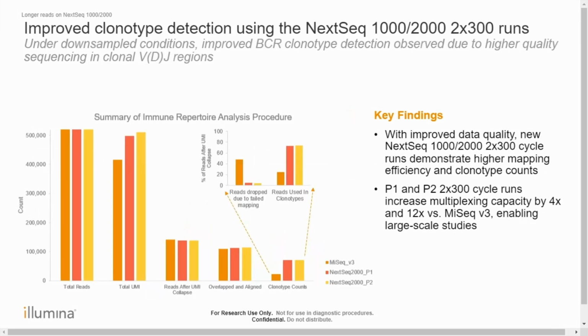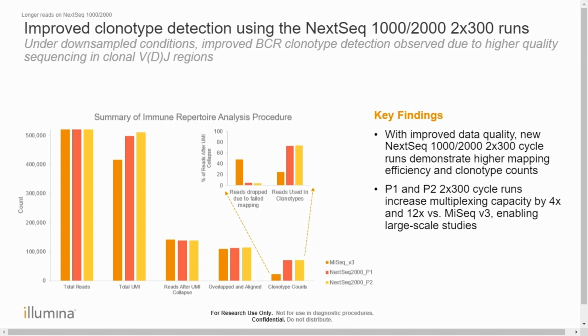On the new NextSeq P1 and P2 flow cells, we significantly increased output and quality across the read, especially at the end, as we've shown earlier. This chart here shows that precise quality improvement in effect. Under downsampled conditions, the new NextSeq kits provide a significantly lower percentage of reads dropping due to failed mapping, and therefore a higher overall clonotype count.